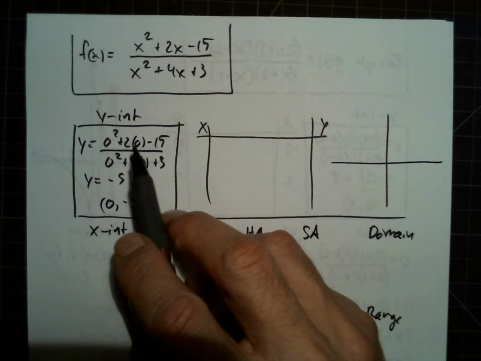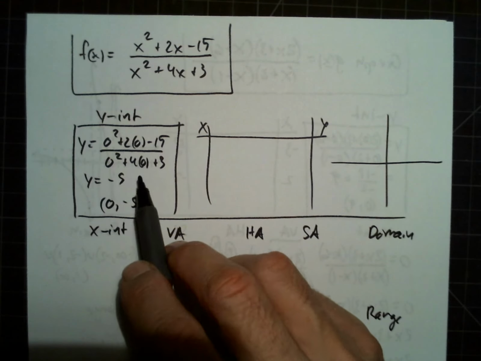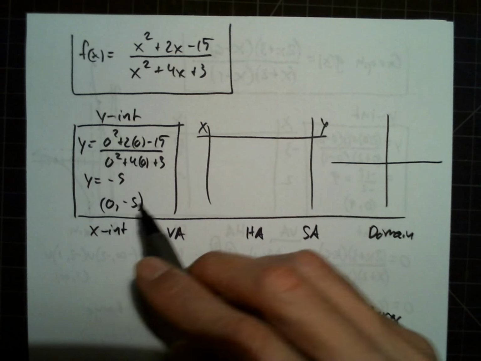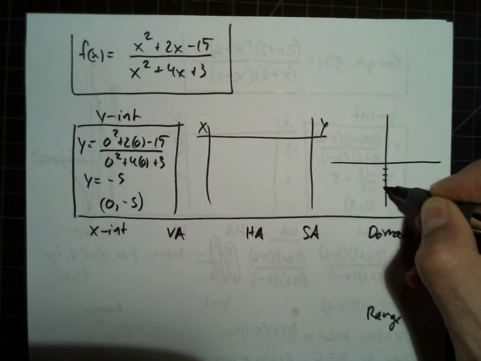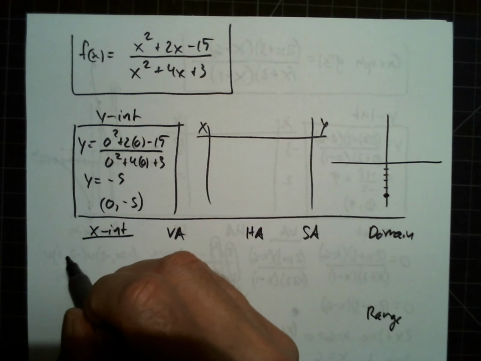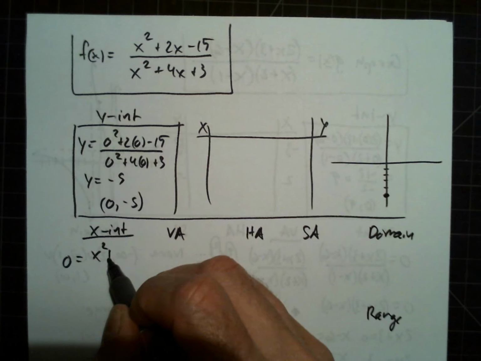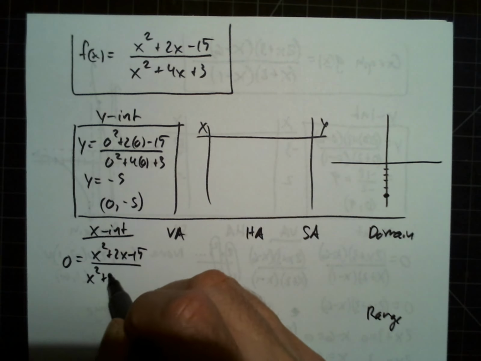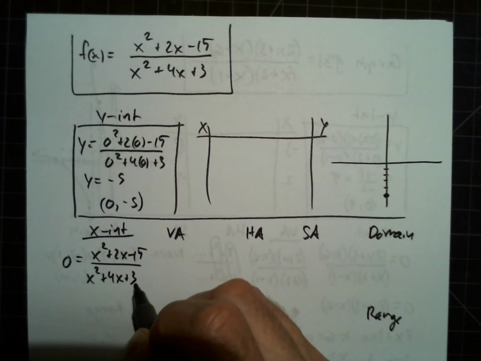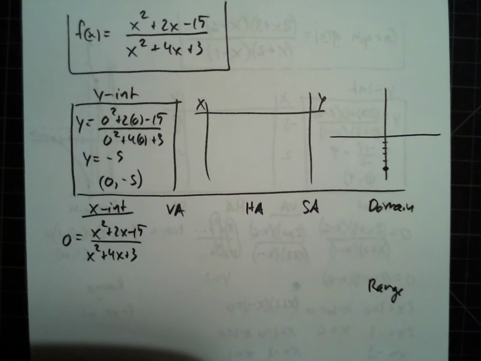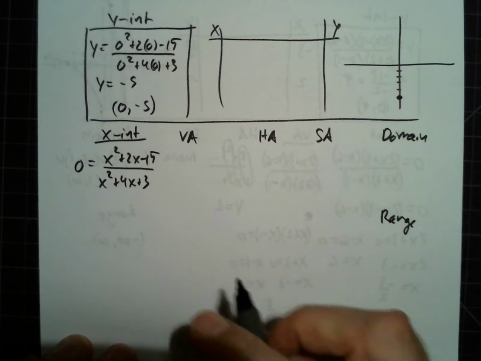So we have 0 plus 0 minus 15, 0 plus 0 plus 3, and we get negative 5. The x-intercept is when the y is 0. Let's multiply both sides by the denominator, and we'll still have a 0 on the left.